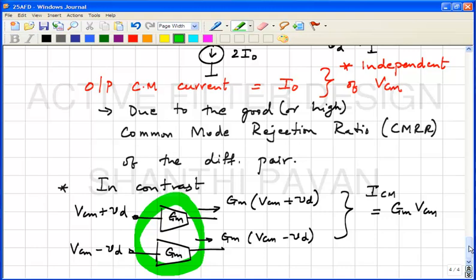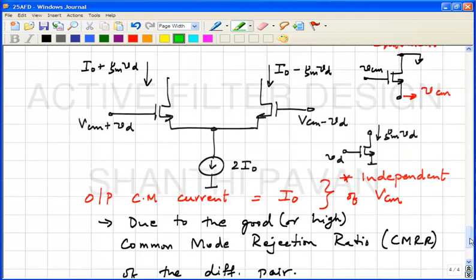Okay. So which do you think, obviously now no prizes for guessing, which do you think is a smarter thing to do? The first one is a good thing to do, because even though in principle the differential output is related to the differential input through the same equation, the advantage of common mode rejection is that if you have any common mode noise source, it will not keep propagating throughout the filter, right?